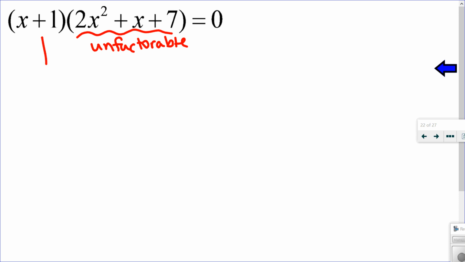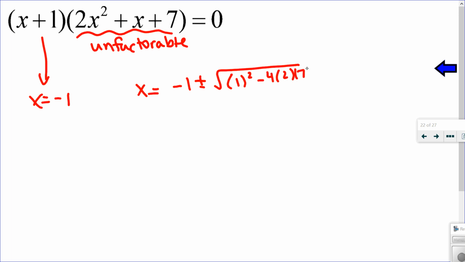I already know that this here has a solution of x equal to negative 1. I want to find out what my quadratic has as a solution. So I'm going to do x equals opposite b plus or minus the square root of b squared minus 4ac, all divided by 2a. So this is just going to be negative 1 plus or minus.